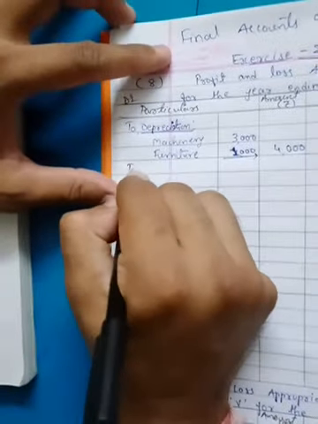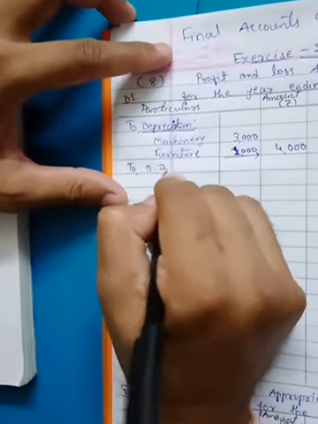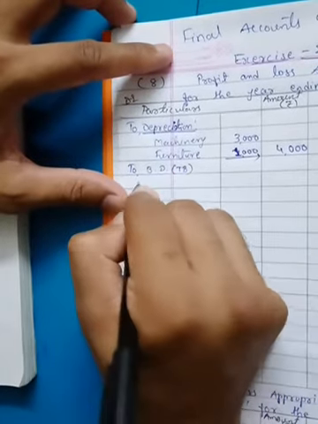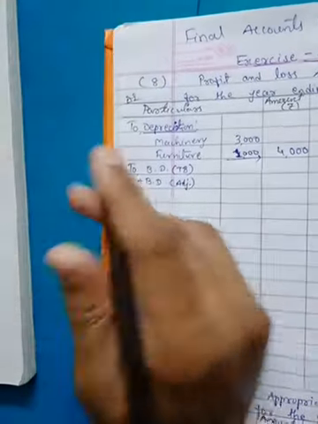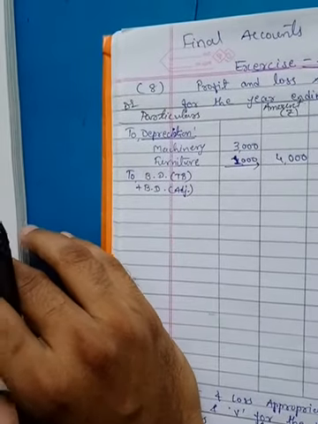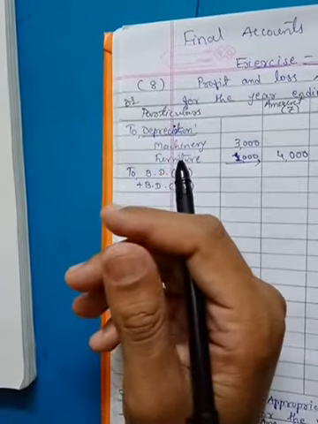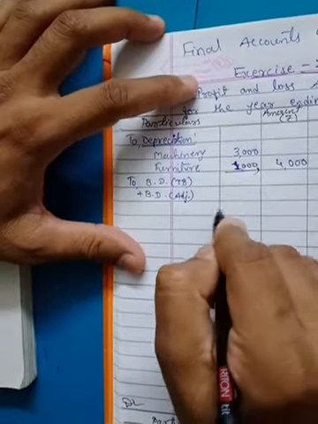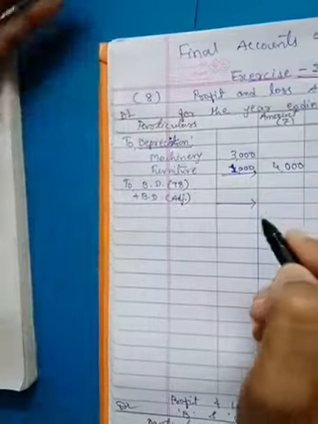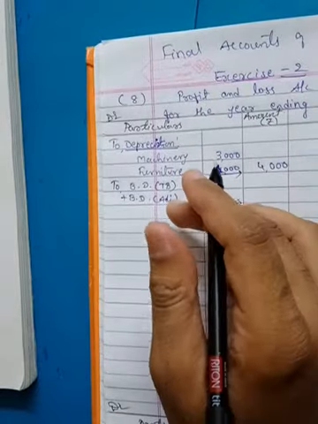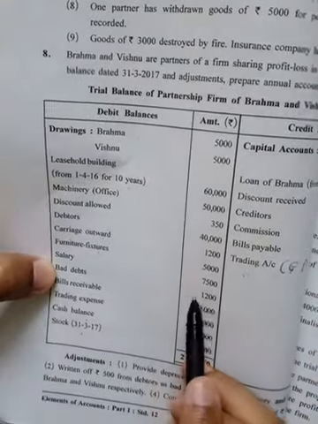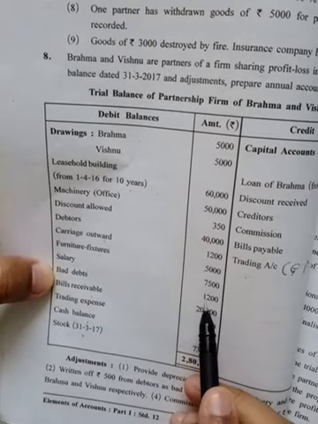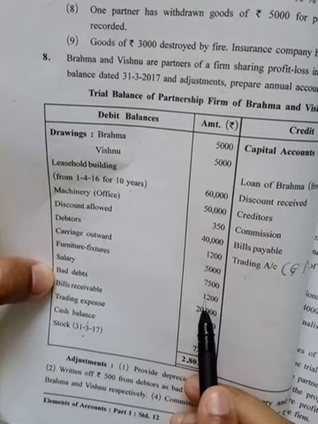Okay, and second effect of bad debts, it is recorded in profit and loss account debit side. So I am going to write over here that format about bad debts and bad debts reserve. So two bad debts of trial balance plus two bad debts of adjustment. Now bad debts reserve in the adjustment is not available, as well as in the trial balance also there is no bad debts reserve, so no need to write that in the statement. At this much part only we require. Bad debts of trial balance, see in your trial balance it is available, bad debts it is given 1200.